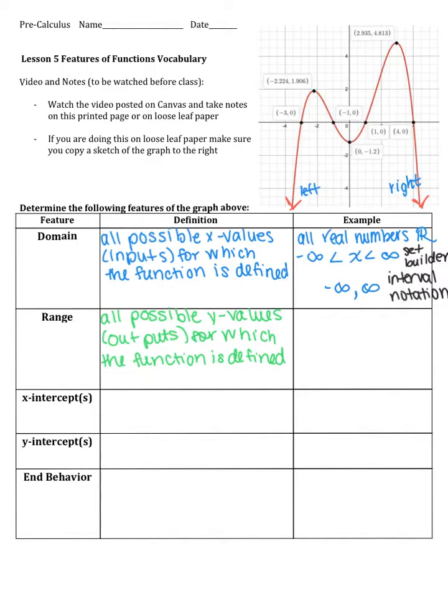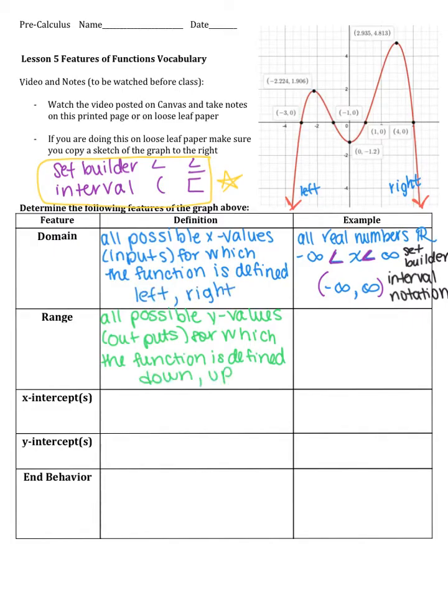Now, the other part to consider is what we show if we have less than or equal to's. The notation we're going to use instead of just less than is going to be a parentheses. If we were to use a less than or equal to inequality sign, we would use a bracket when it comes to interval notation.